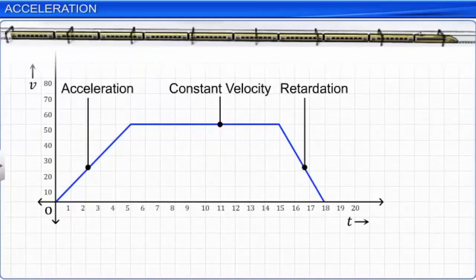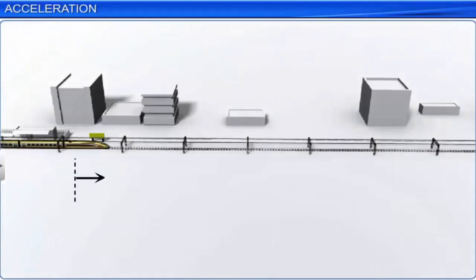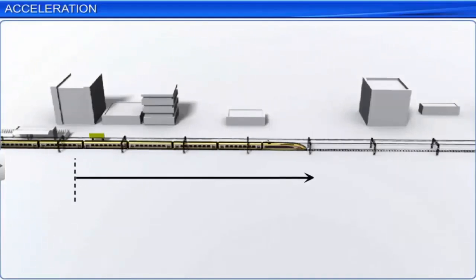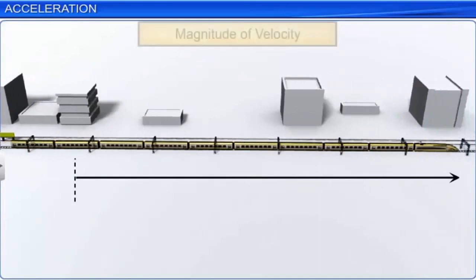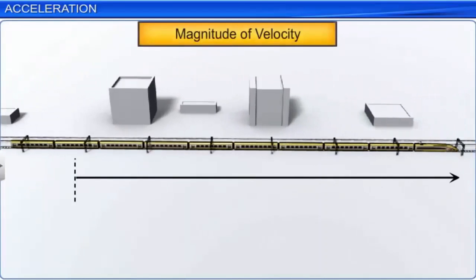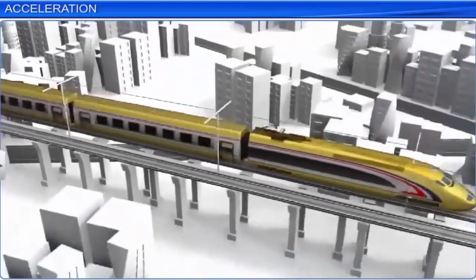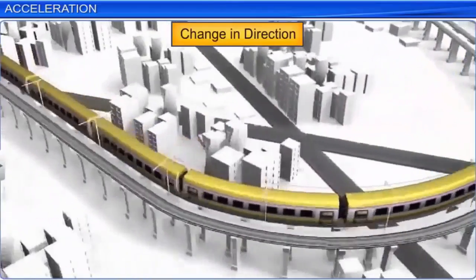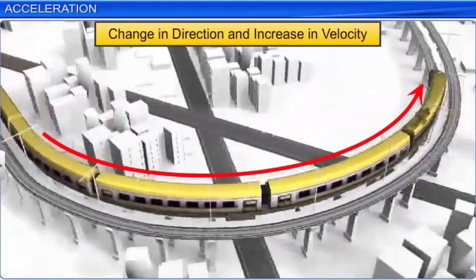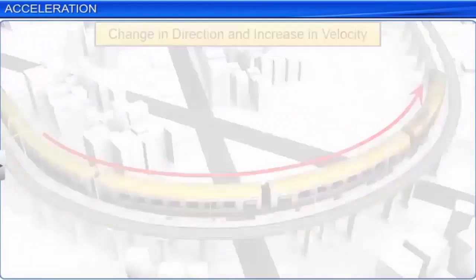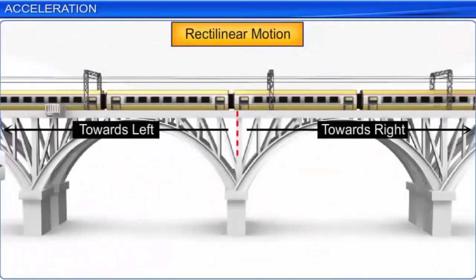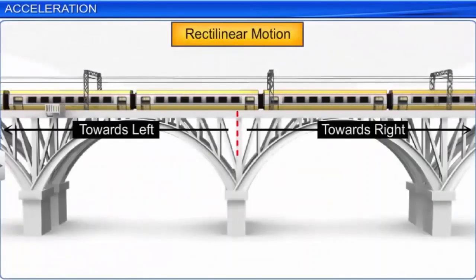The acceleration of a body can change with either a change in the magnitude of its velocity or a change in the direction of its velocity, or both. In rectilinear motion, we have only two directions of motion, positive and negative.